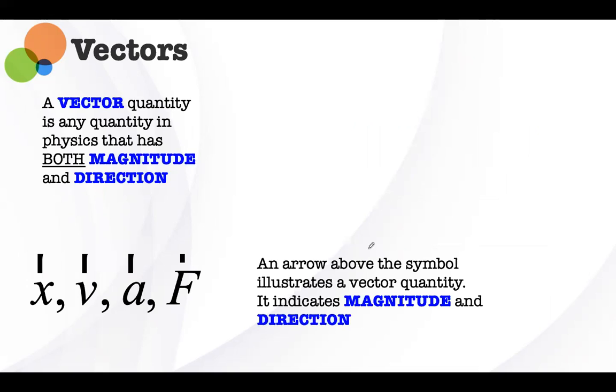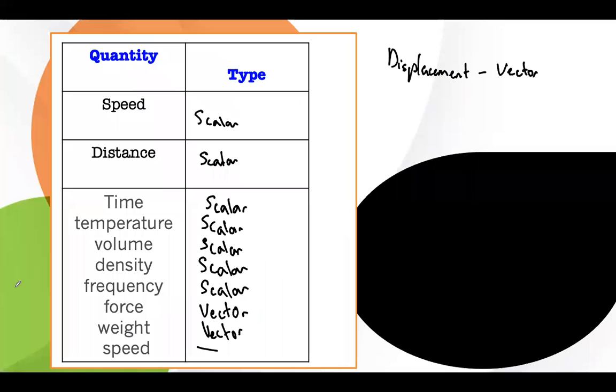While a vector quantity is any quantity in physics that has both magnitude and direction. All right, so we see some vector quantities coming out here. What does X represent? What do you think X represents?